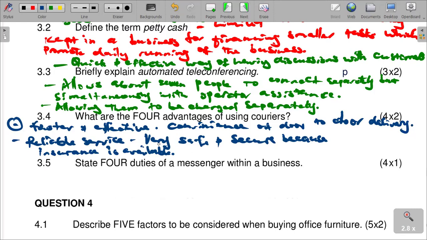And then, state four duties of a messenger within a business. These questions are very repetitive. Duties of a messenger in an organization: one, it has to do with moving items from one office to another within the business.